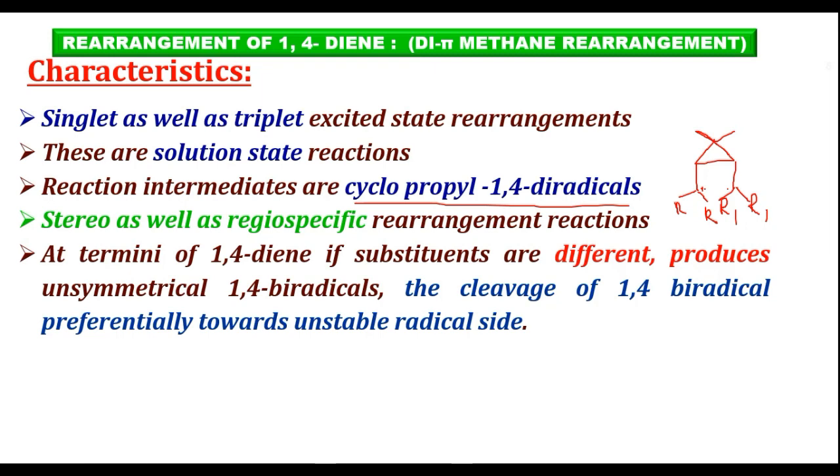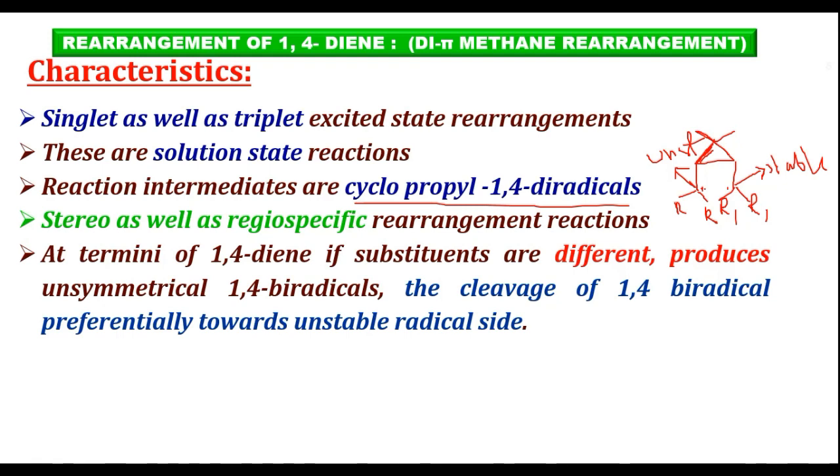For example, this radical is stable, and this radical is unstable. Now the cleavage takes place at this bond. That means the bond cleavage will take place on the unstable radical side. You have to remember this point.